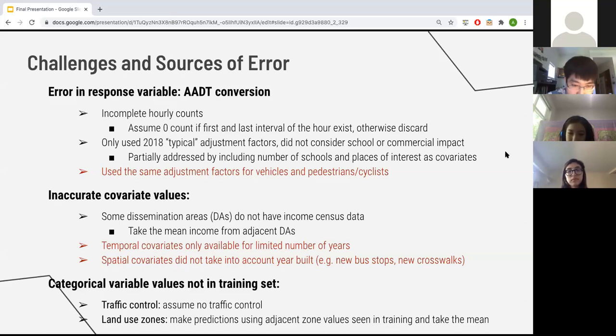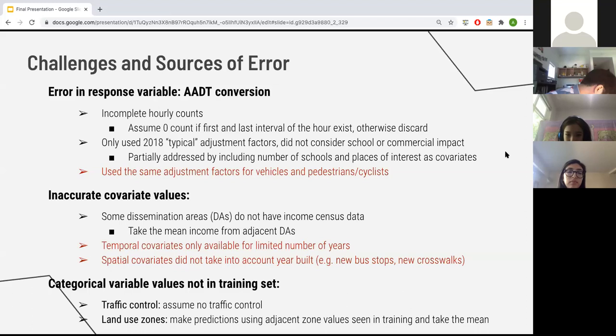We also had some inaccurate covariate values. Income was selected by traffic AADT model, but income information is not available for some dissemination areas. So we took the mean income from its adjacent DAs. Then we had the issue about temporal covariates only available for a limited number of years.